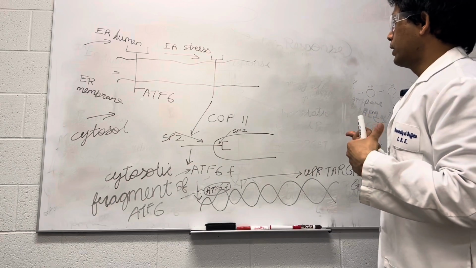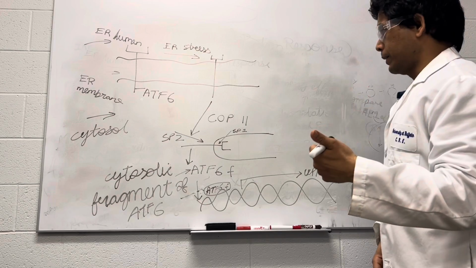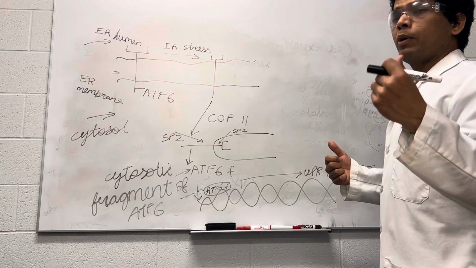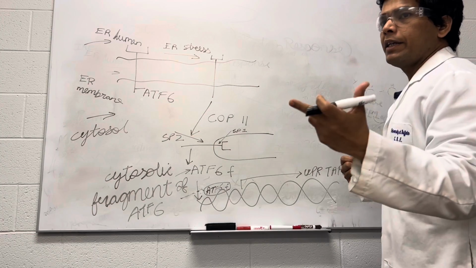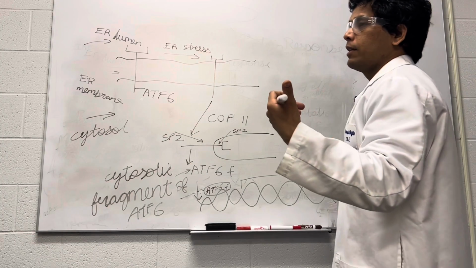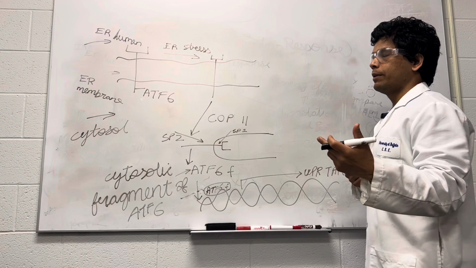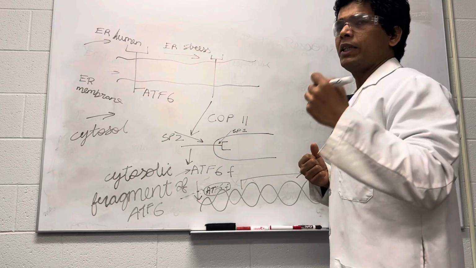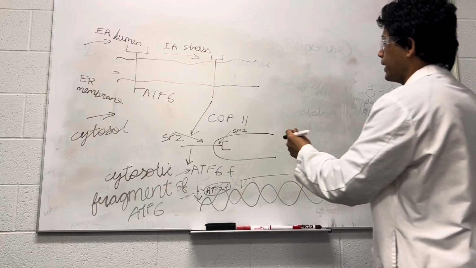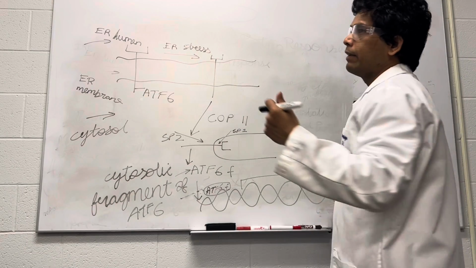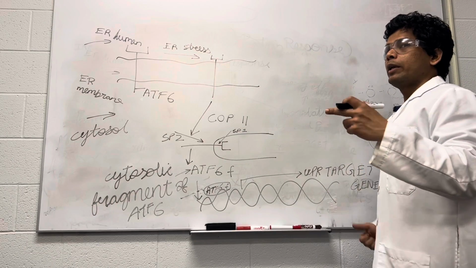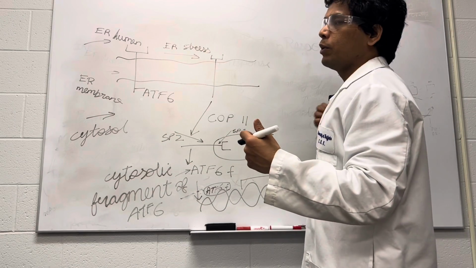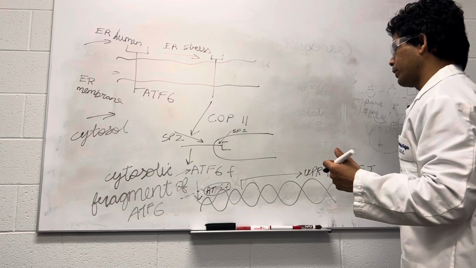ATF6F will act towards increasing the components that take part in ERAD. ERAD, as we know from our previous videos, is the endoplasmic reticulum associated degradation. What ERAD will do in case of UPR is to increase the degradation pathway and then transfer the protein for the ubiquitination process.